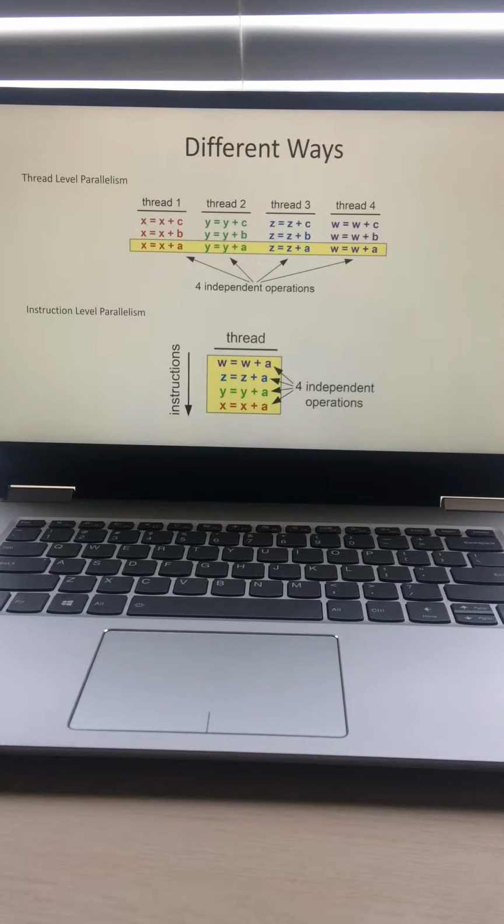In instruction level parallelism, we write these 4 independent arithmetic instructions together and introduce them in the pipeline. In this way, we can achieve a result similar to thread level parallelism while keeping all these 4 independent instructions in the same thread.